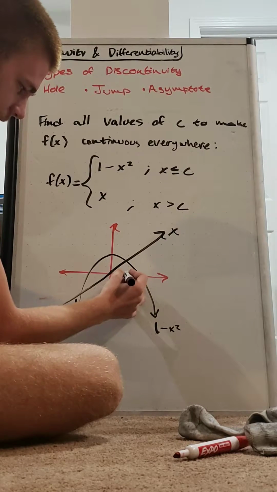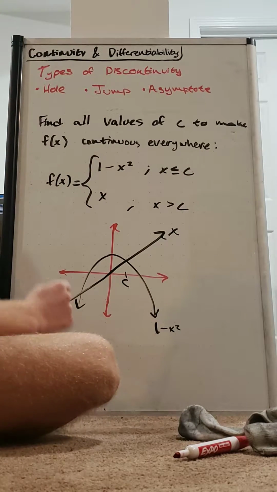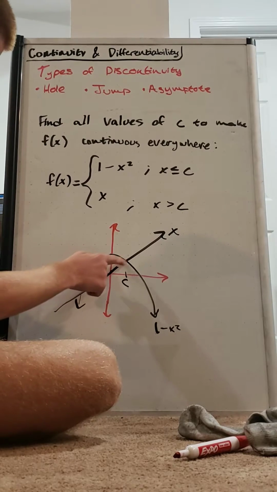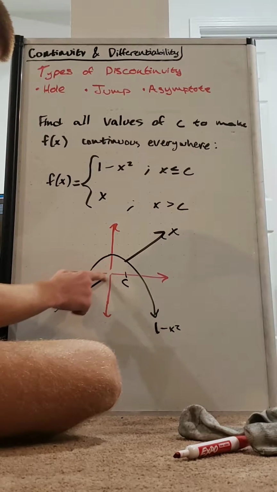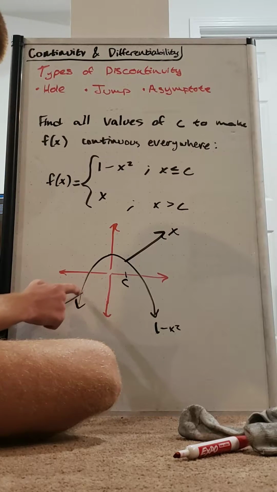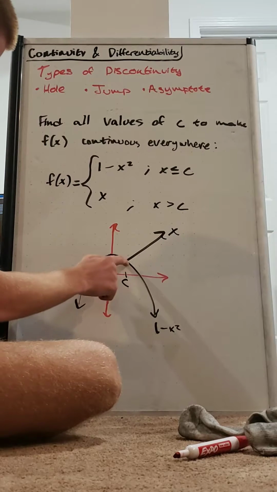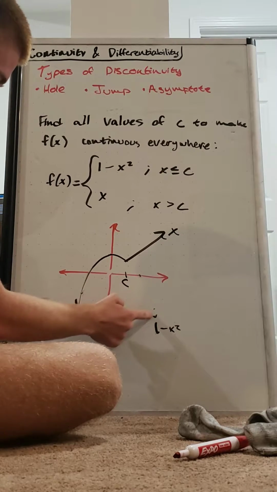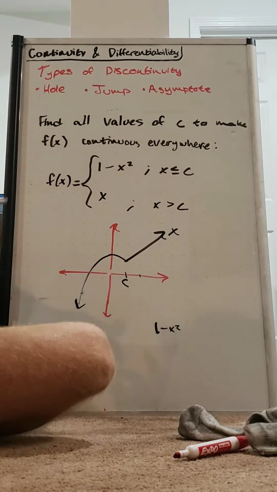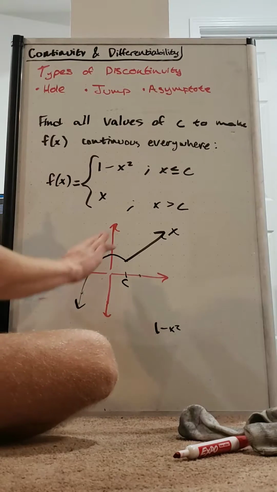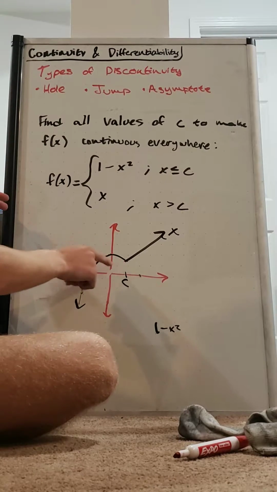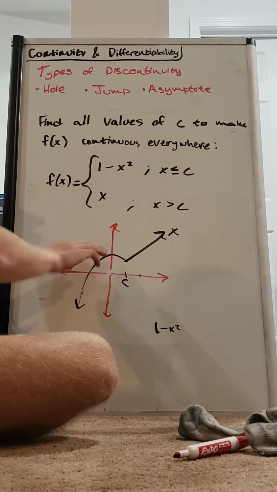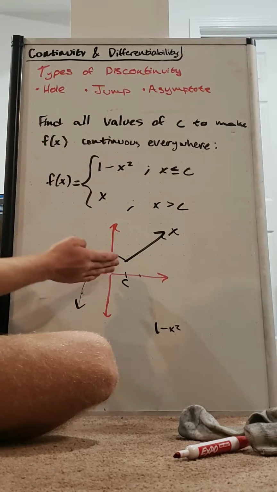So if we put c here, that would stop this from existing after that point, and that's going to be one of our solutions, because we're finding where to stop this parabola to get it to connect with the line.